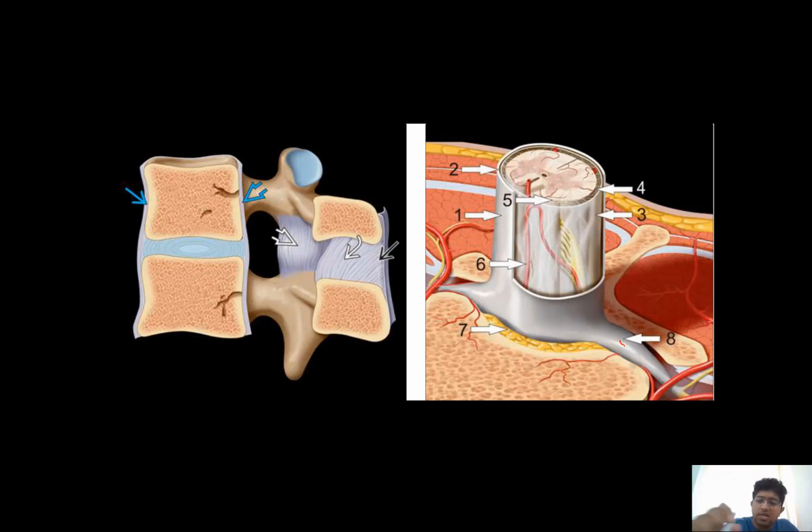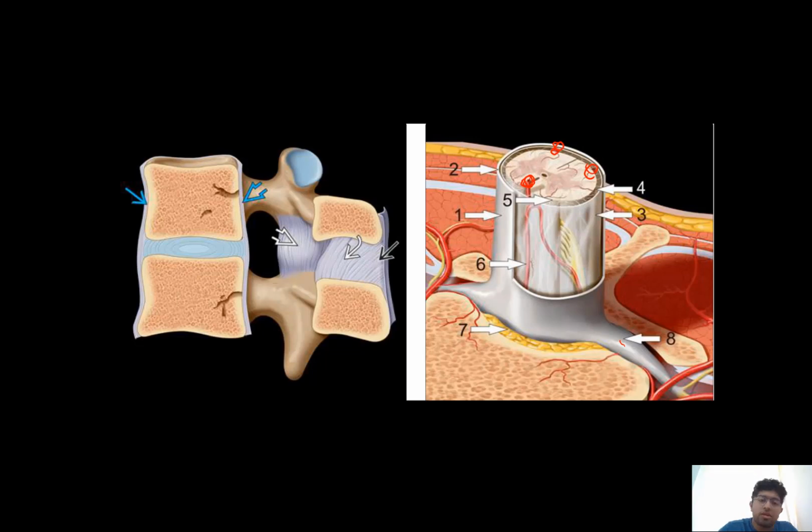And also the arterial supply of the spinal cord is by a single central anterior spinal artery and two posterior spinal arteries. These are branches coming from the vertebrobasilar system, and then all these arteries get some collaterals from the thoracic level, from the descending thoracic aorta.